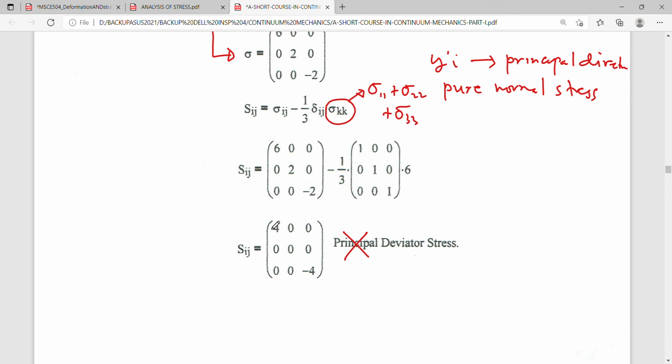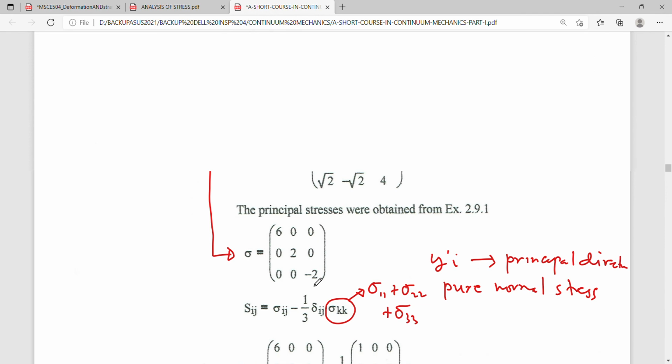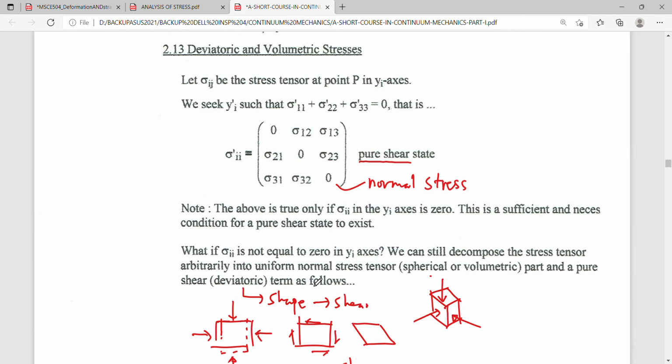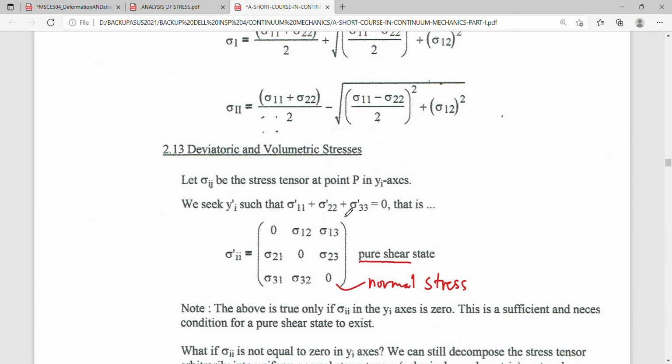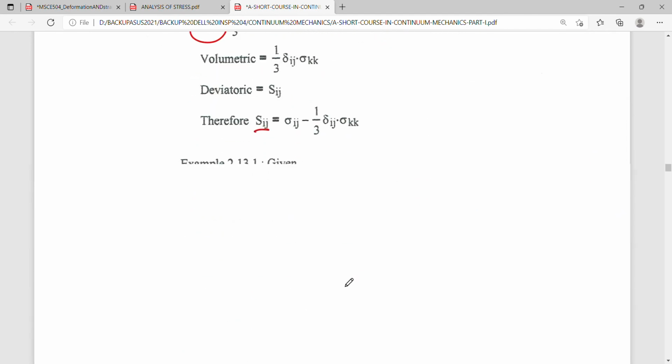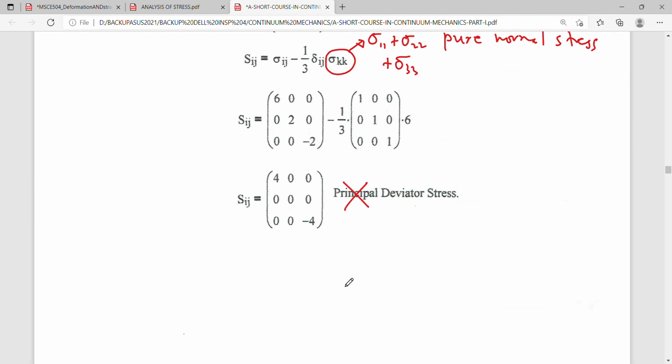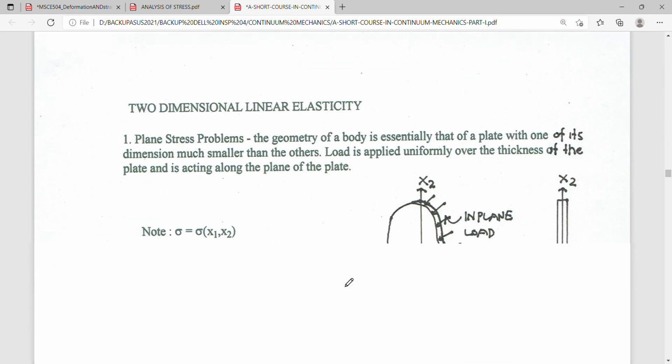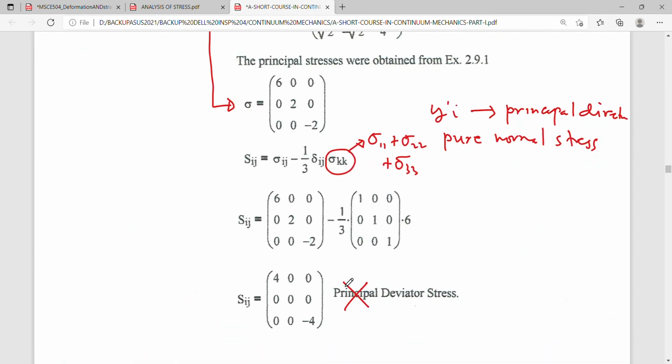The sum of this is 0, as implied on the condition that this must be 0. We will talk more about this when we go to strains, so don't worry.